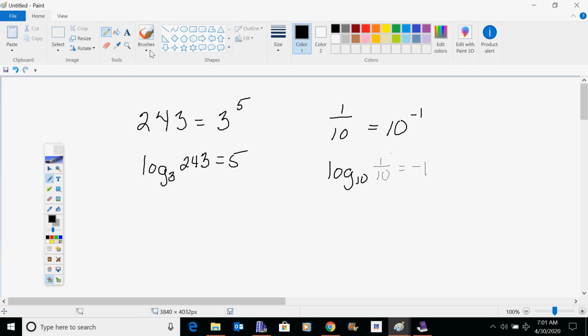Okay, your logarithmic form for all of them is here's your base. Your exponent is your answer. A logarithm gives you the exponent. 10 to the negative first power equals 1/10. So these are really all the same questions. 15, 17, 19. You're mutating it into the form where you've got it in logarithmic form.